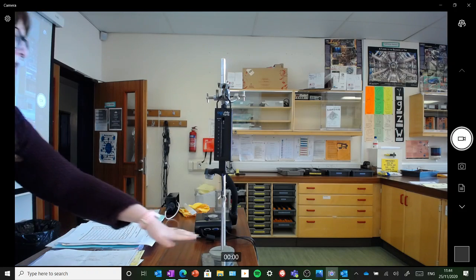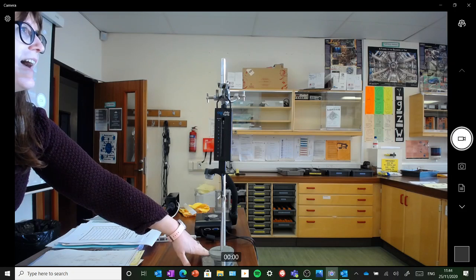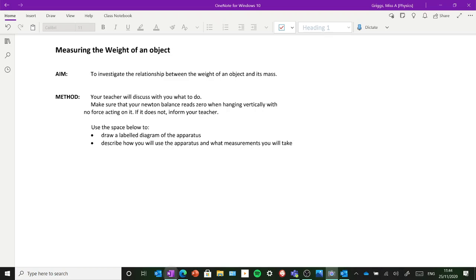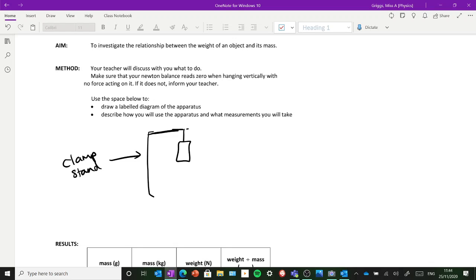Just be careful with your clamp stand; it does tend to tip over as you get to the higher masses. We'll go back and draw the diagram in the booklet, and then we can have a go. So you will need a clamp stand, a spring balance or Newton meter.